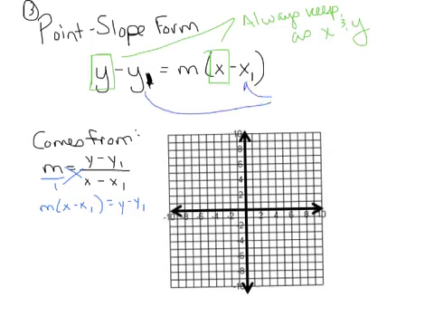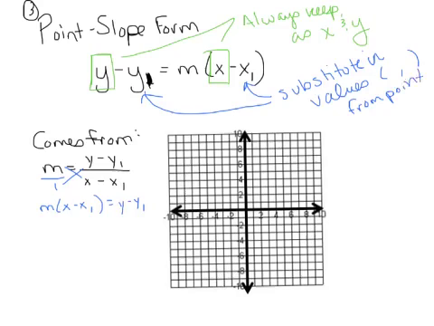This x1 and this y1, I will substitute in, based off the point that you're given. And for this equation, I also want to make sure I plug in the slope. So you must have a point and you must have the slope.